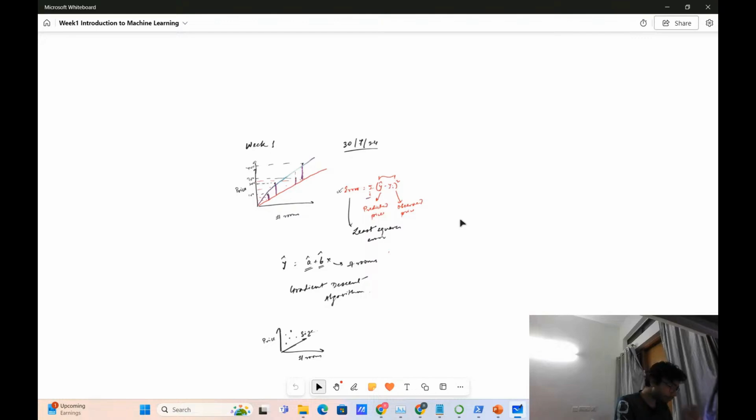So what do we have to do here? Your y predicted will become a plus b x1 plus c x2, right? So x1 is your number of rooms, x2 is the size of the house.